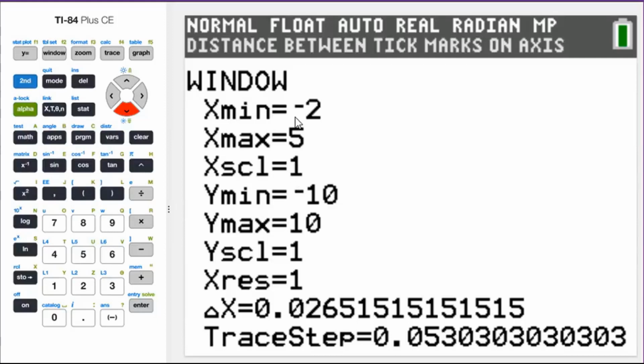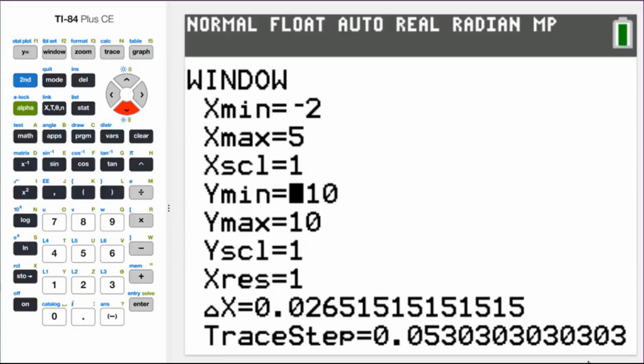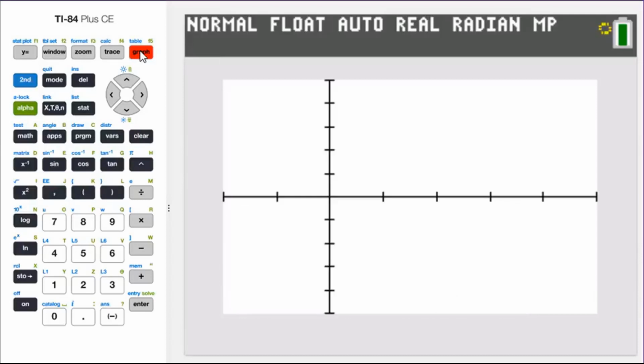If it's more than 10, then just divide by 10. Then for the y minimum, I can change it into -5. And the y maximum, I can do 5. Scale is still 1. Then I press graph.